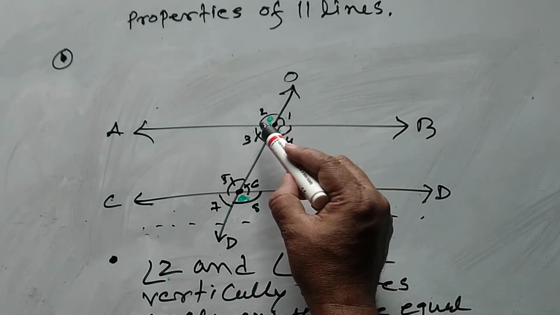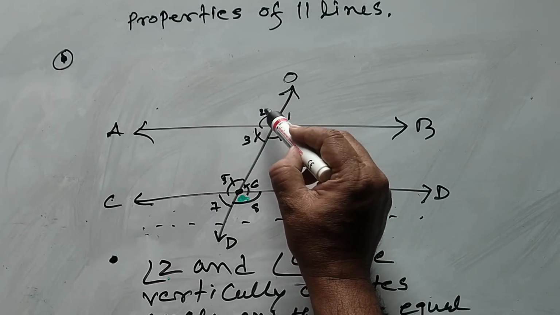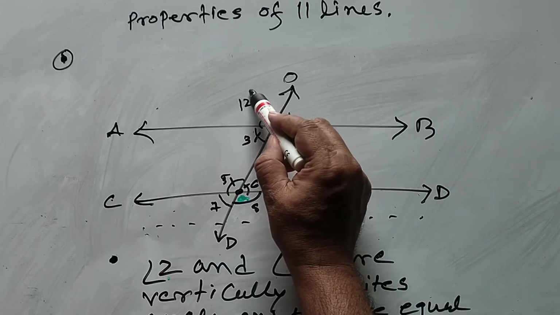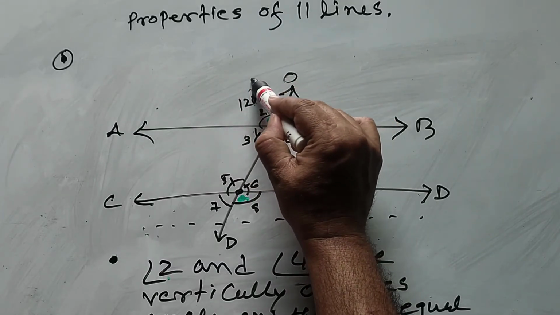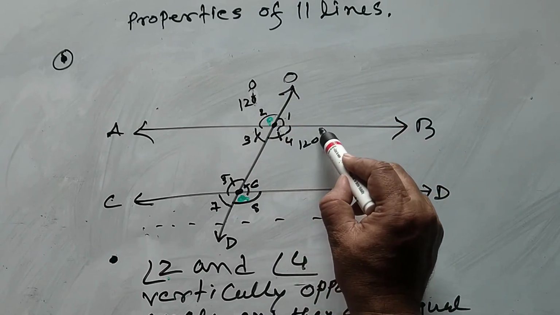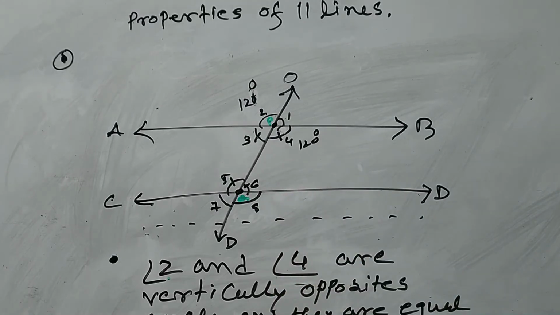If it is say 120 degrees, the angle 4 is also 120 degrees. They are vertically opposite.